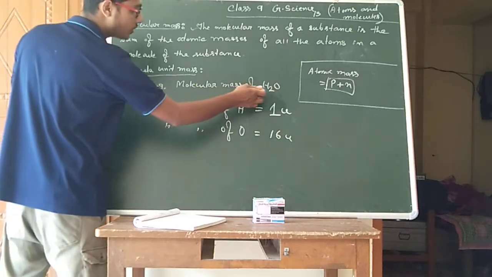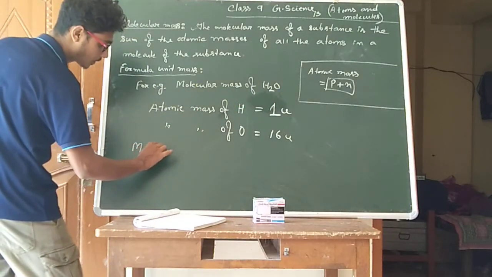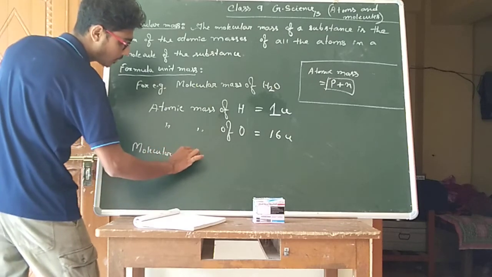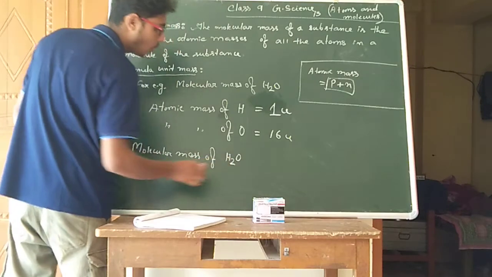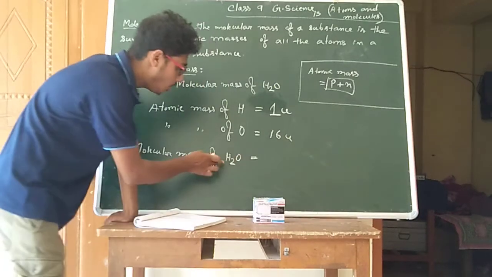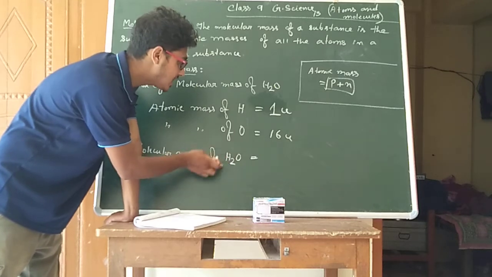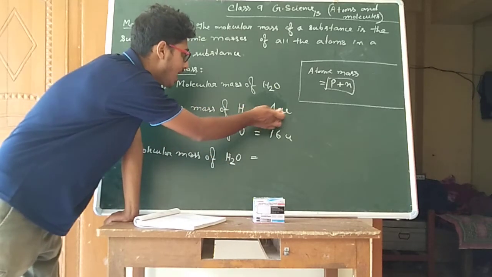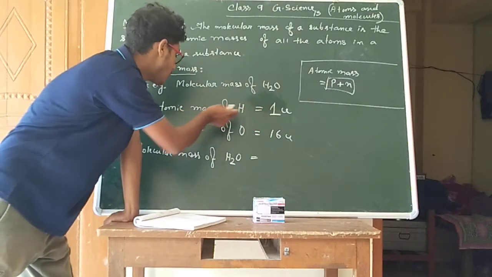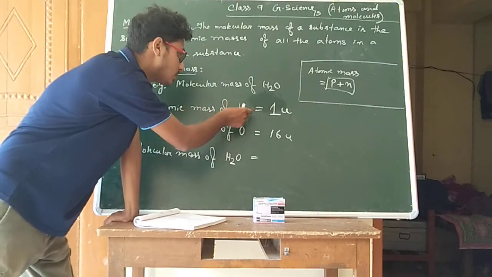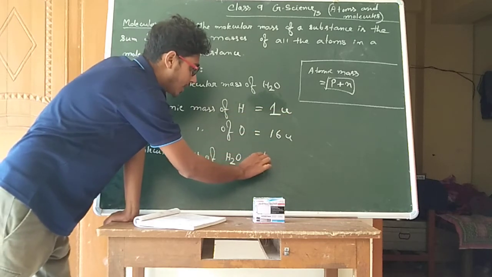So for the molecular mass of H2O: how many atoms of hydrogen are present here? Two atoms of hydrogen, and the atomic mass of one atom of hydrogen is 1 unit, that is 1 atomic mass unit.